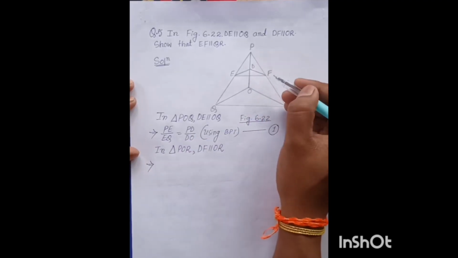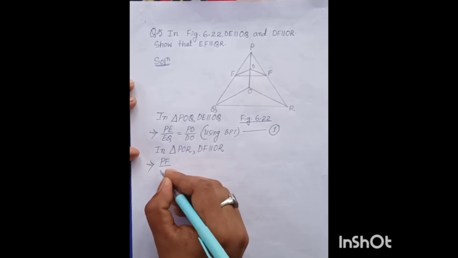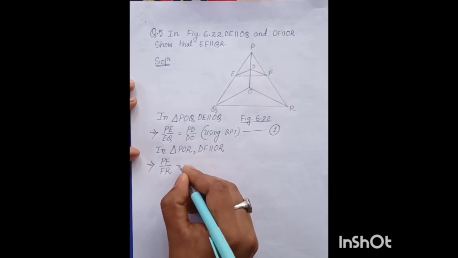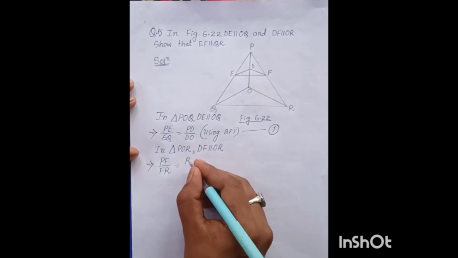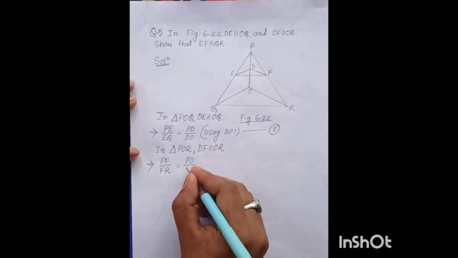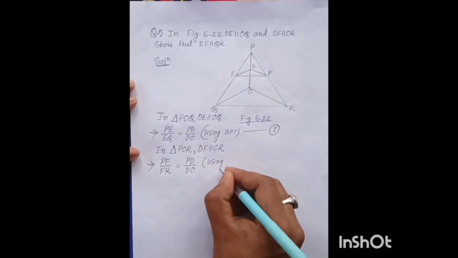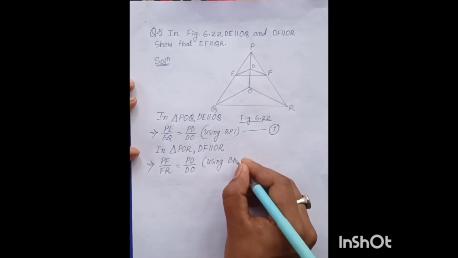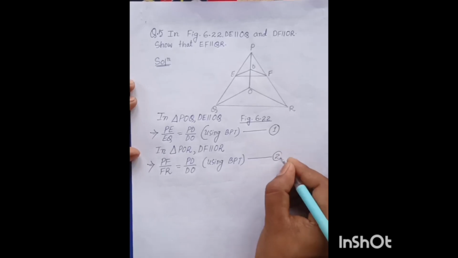So PF by FR equals PD by DO, using BPT. This is equation number 2.